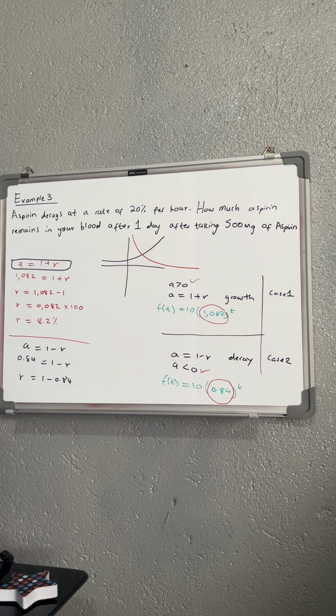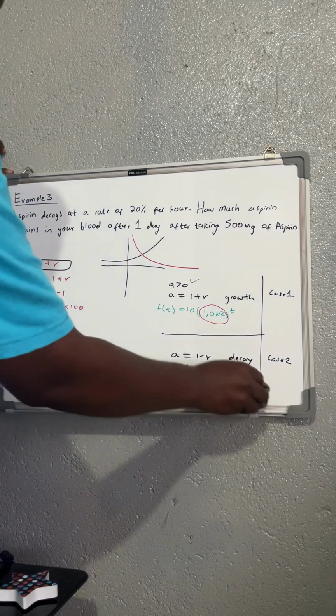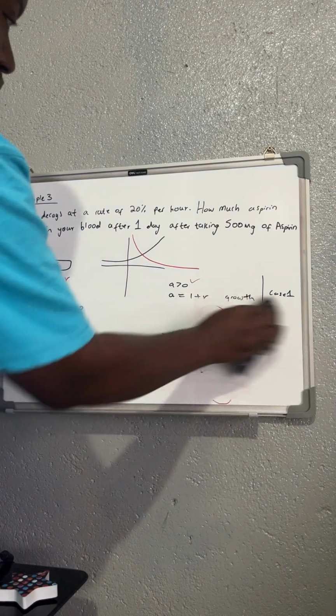So I just hope that actually makes sense when it comes to the rate questions. Now we're going to continue and focus on this one. Those were just some of the basics that you had to understand before we look into these types of examples.